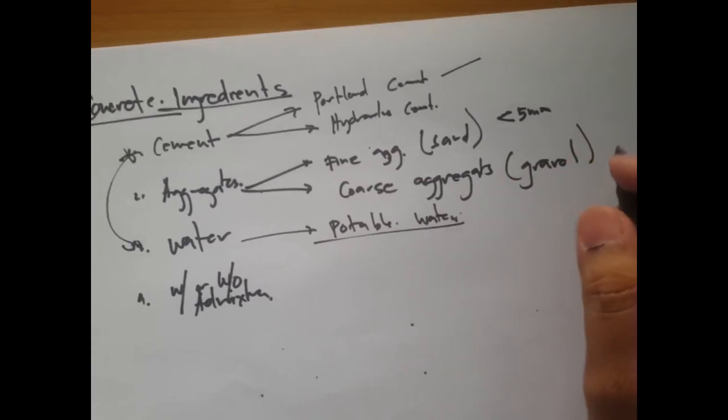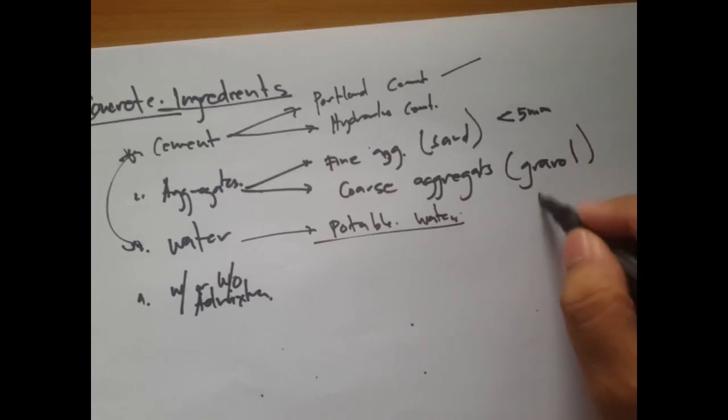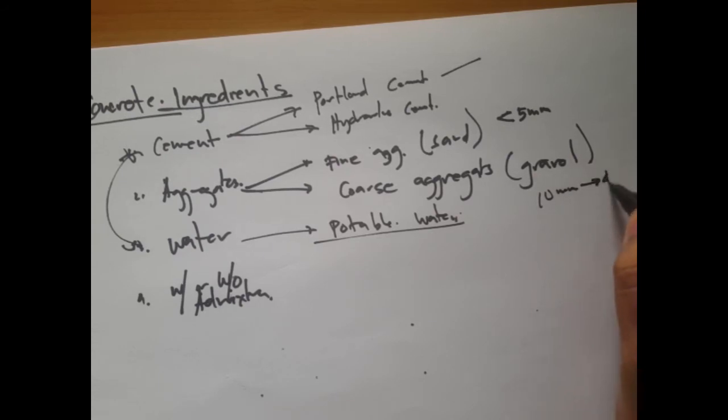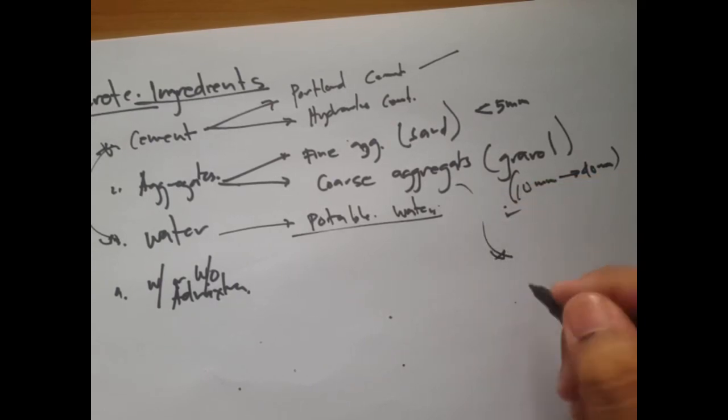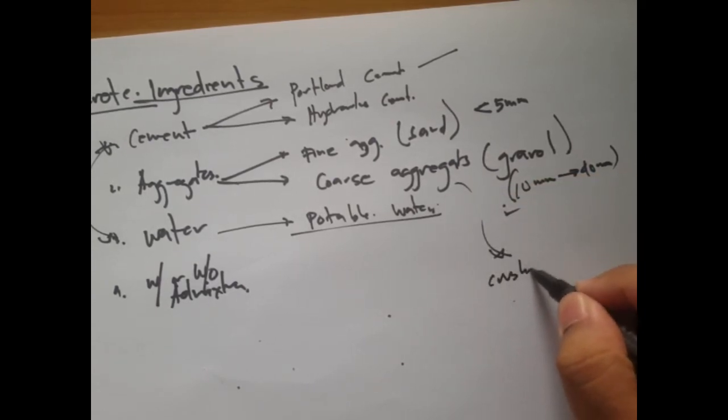If it's greater than 5, between 10 mm to 40 mm, then that's gravel. I'd like to highlight these coarse aggregates because there are terms like crushed stone or crushed aggregates.